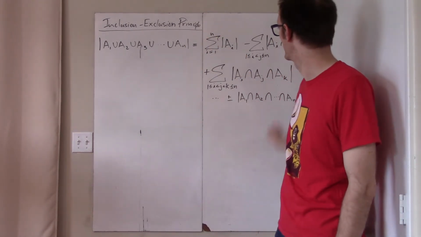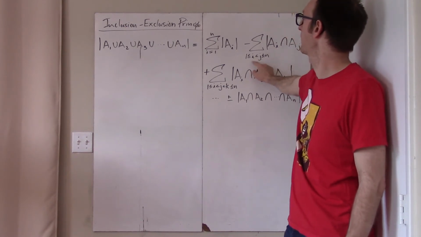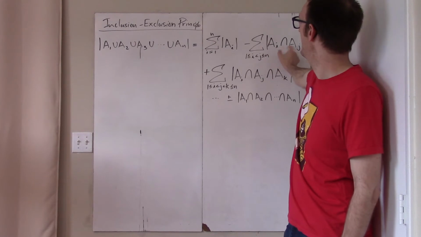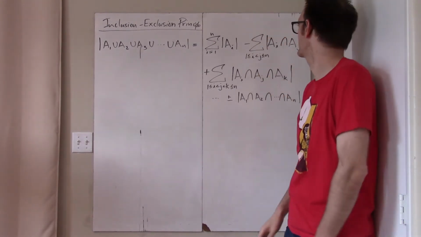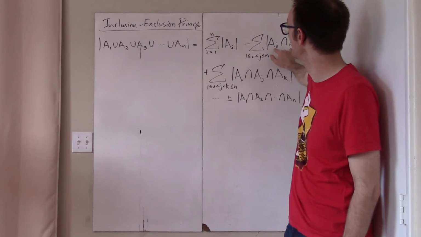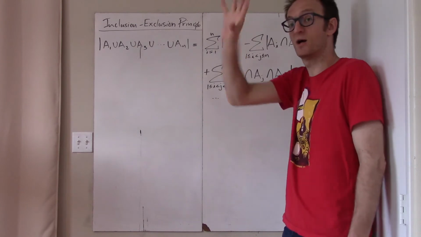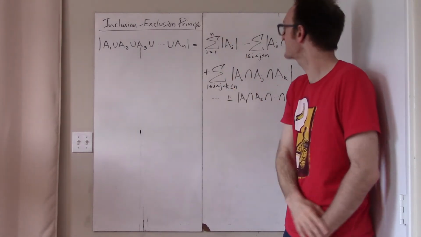That would be kind of dumb. So any pair of sets Ai, Aj where one of the indices is larger, so that's just all the pairs of sets. And take every pair of sets and take their intersection and take the size of that intersection and subtract out by that. So you're subtracting all of the pairwise overlaps.